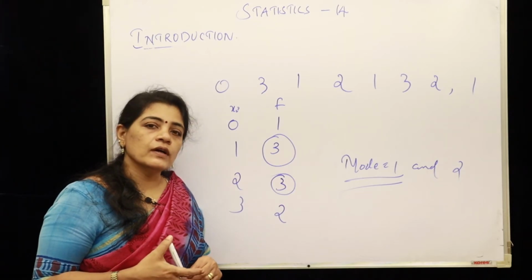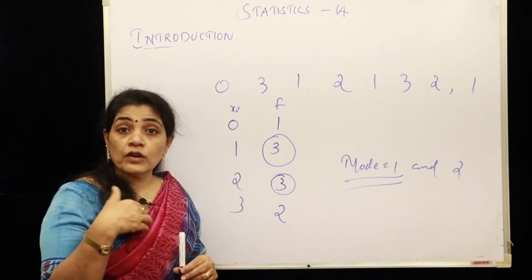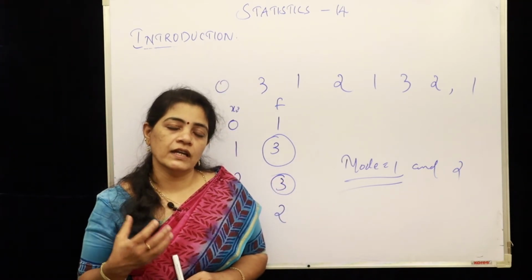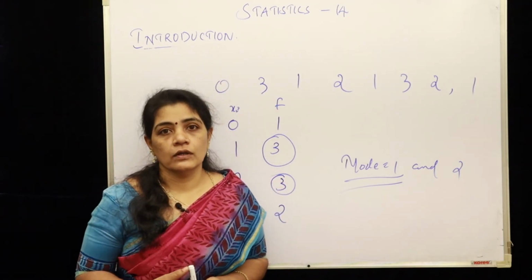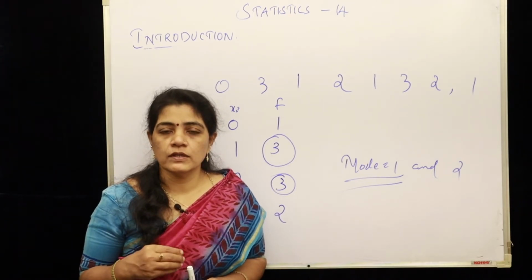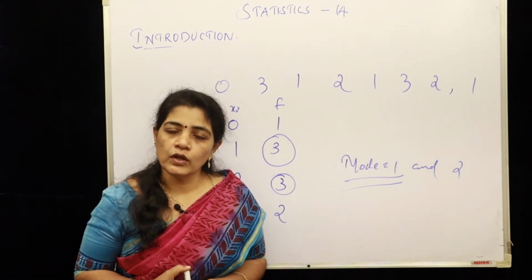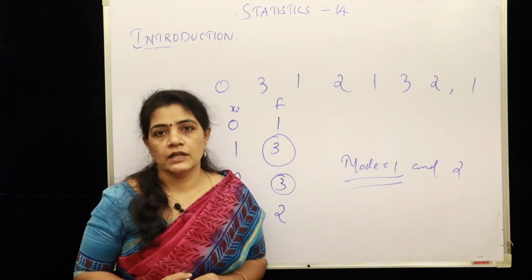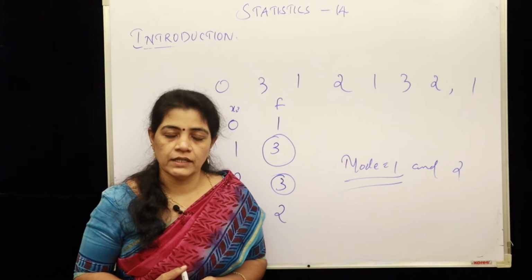That is also possible, but for continuous frequency distribution we are discussing only a single mode. In 10th standard, if a problem asks you to find the mode, you will get only one mode for one collection of observation data.